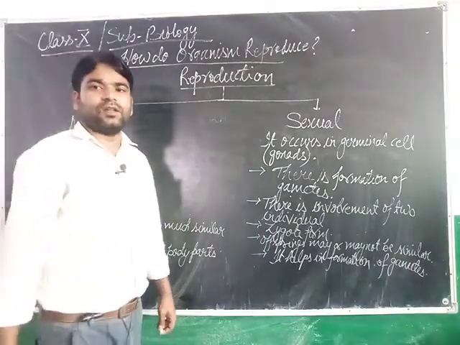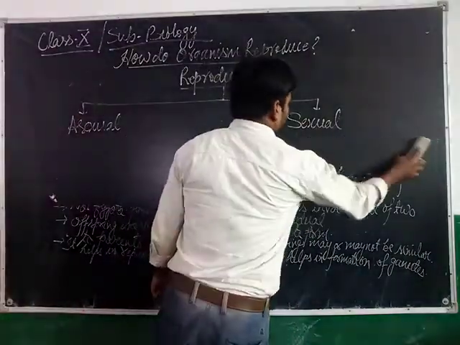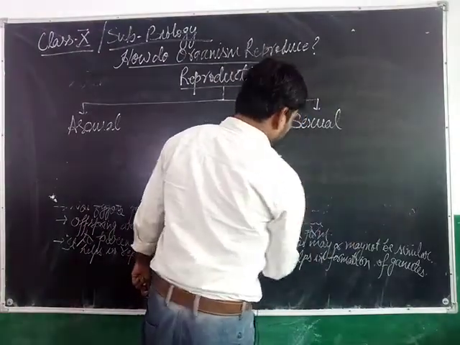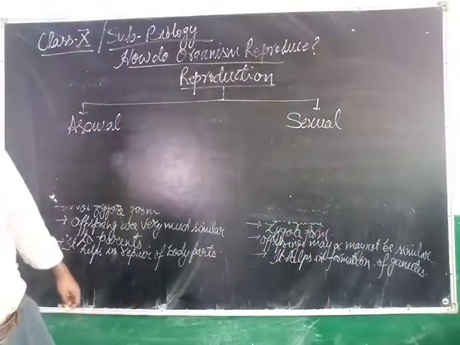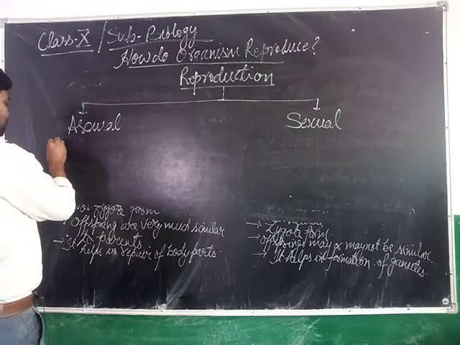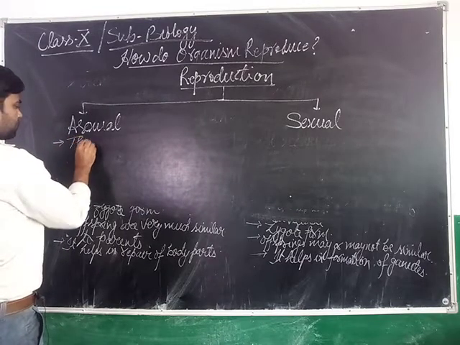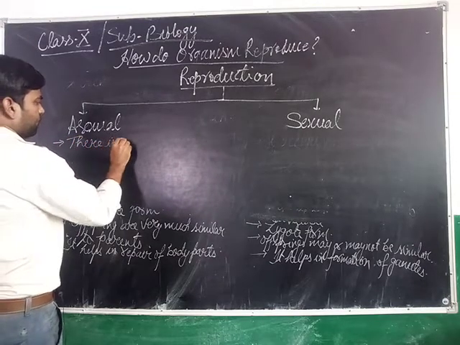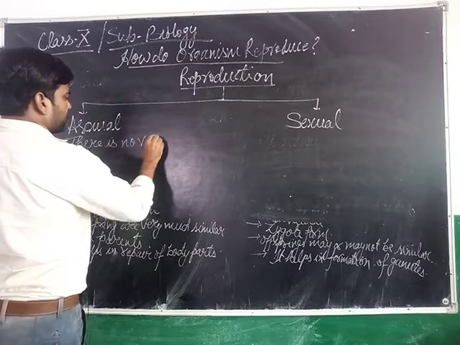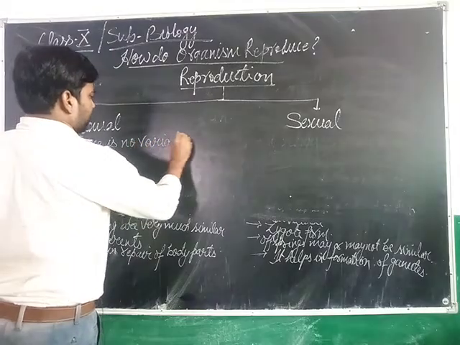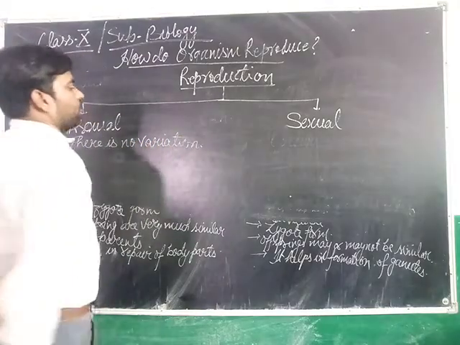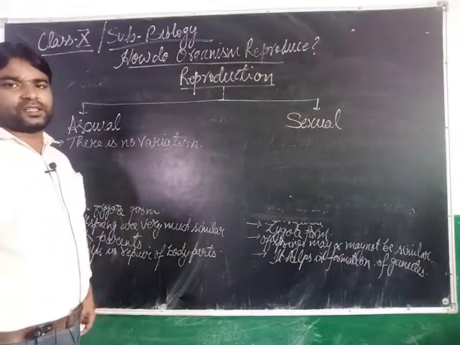In asexual reproduction there is no variation because only one individual is involved. There is no variation, so less chance of survival.